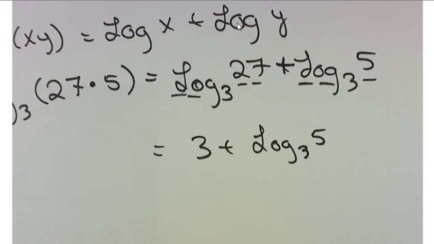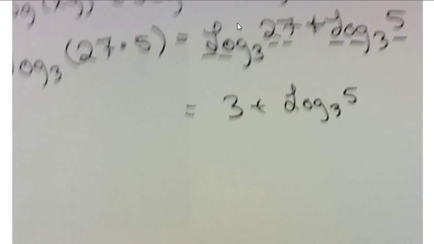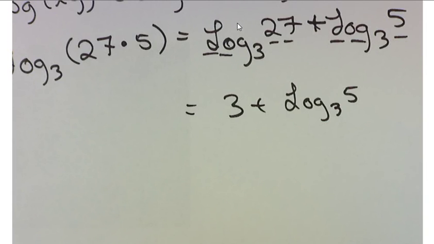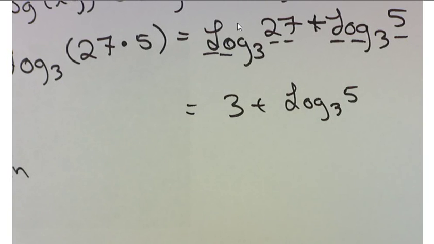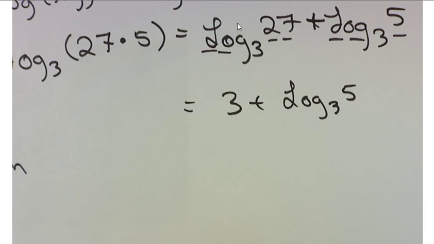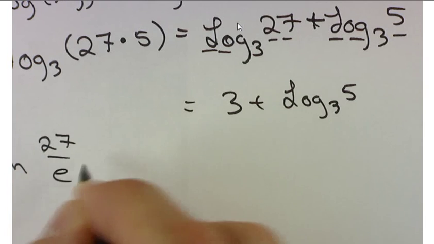Let's practice with our quotient rule next. We'll start with problem number 40. Problem 40 has a natural log. So we've got the ln of 27 divided by e, sorry. ln of 27 divided by e.